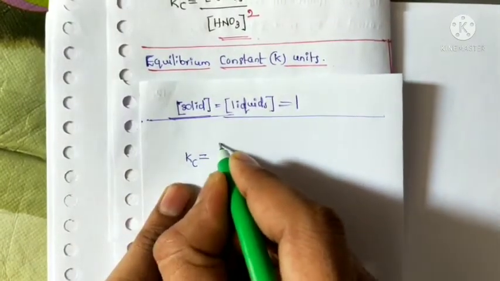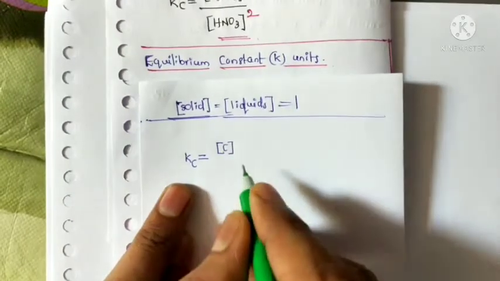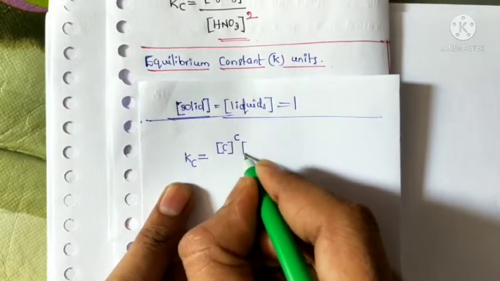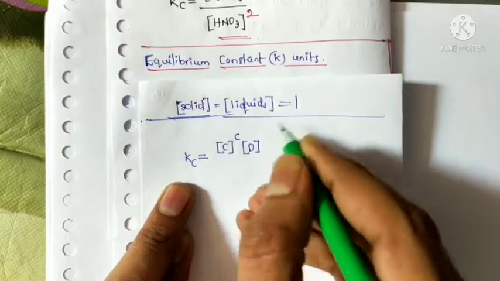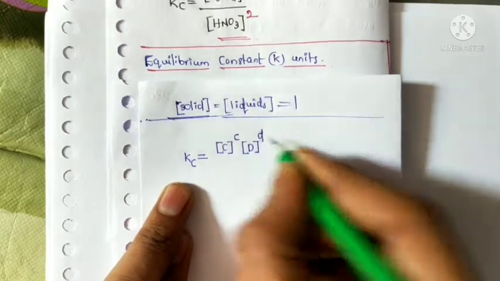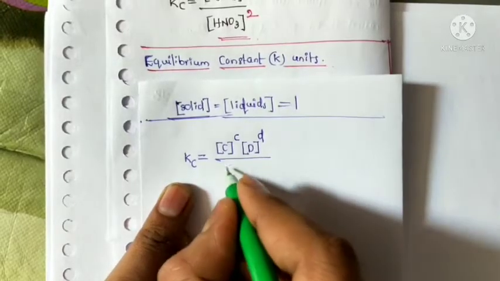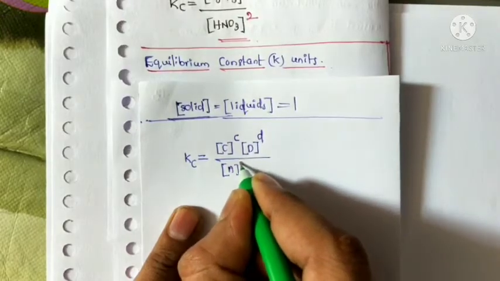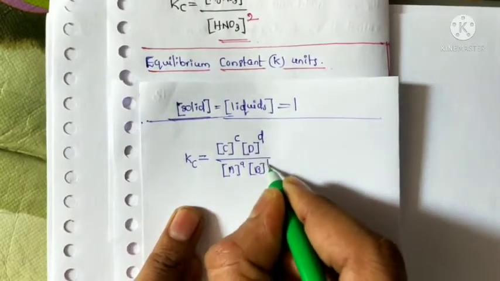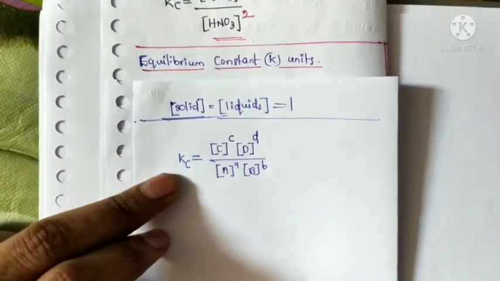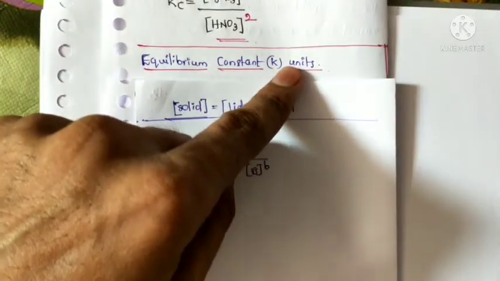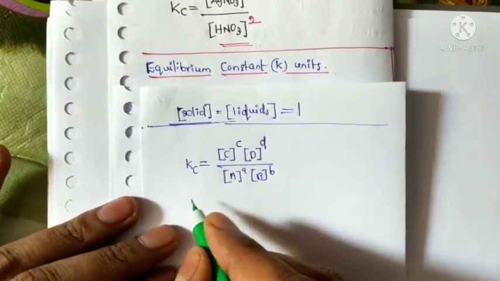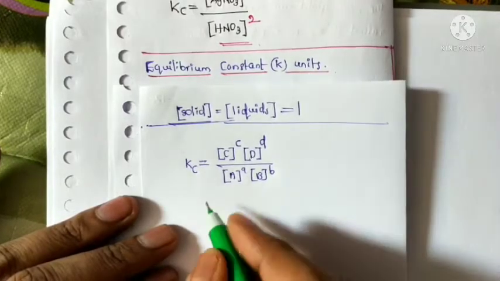For a dilute solution, the equilibrium constant expression is the concentration of products raised to their stoichiometric coefficients, that is C and D, divided by the concentrations of reactants. This is the equilibrium constant expression. Now we will find the equilibrium constant units. Concentration is expressed in mole per liter.